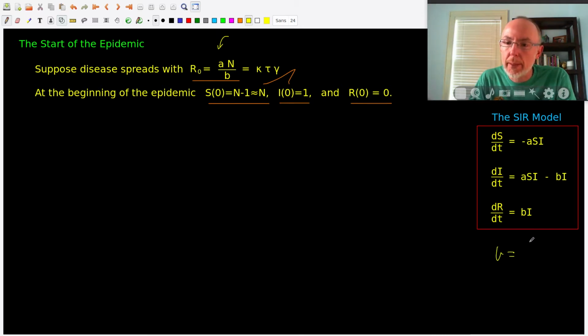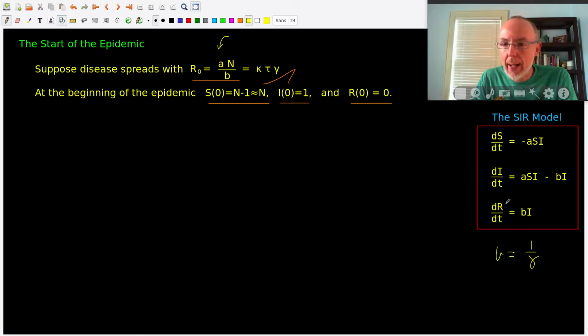And remember that B is 1 over gamma. Gamma is the number of days that you're typically sick with the disease, how long it takes to recover. So B is 1 over gamma, the recovery rate. Roughly, it's the fraction of people who recover on a given day. And so I typically would know B from observation, and R naught is something we know about diseases. And so that would let us find A.